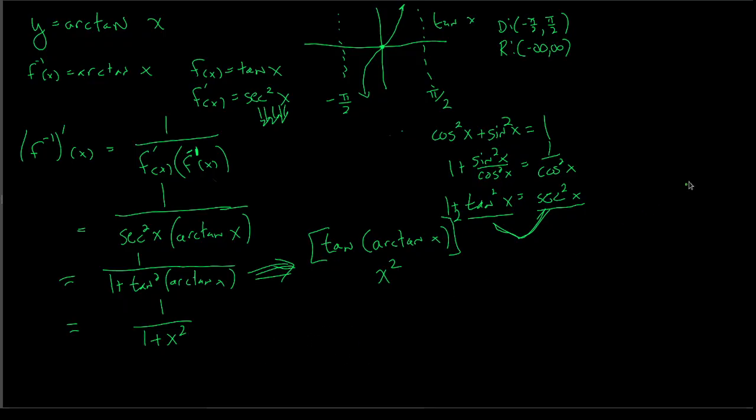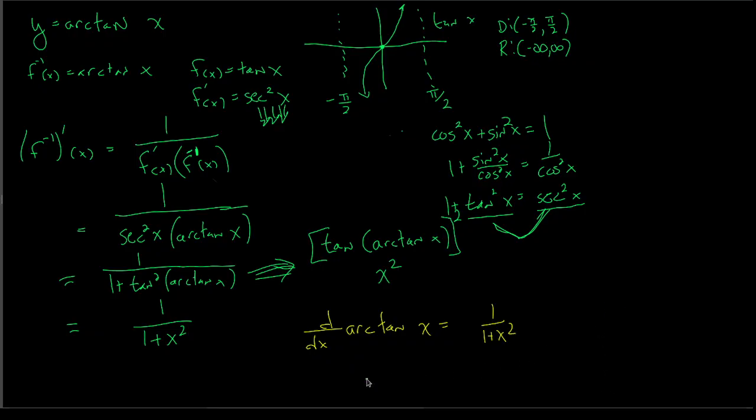And so we can now add the derivative of arctangent x, and we'll do x and then we'll do u differently, the chain rule still applies, is 1 over 1 plus x squared.